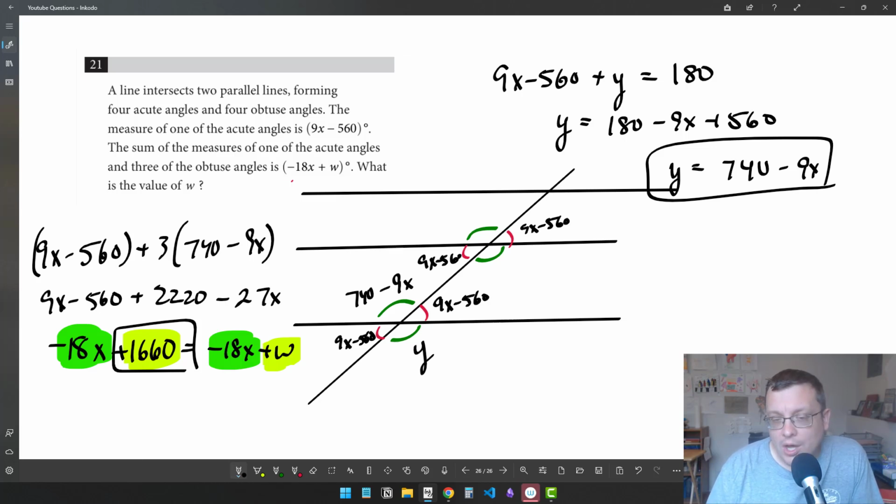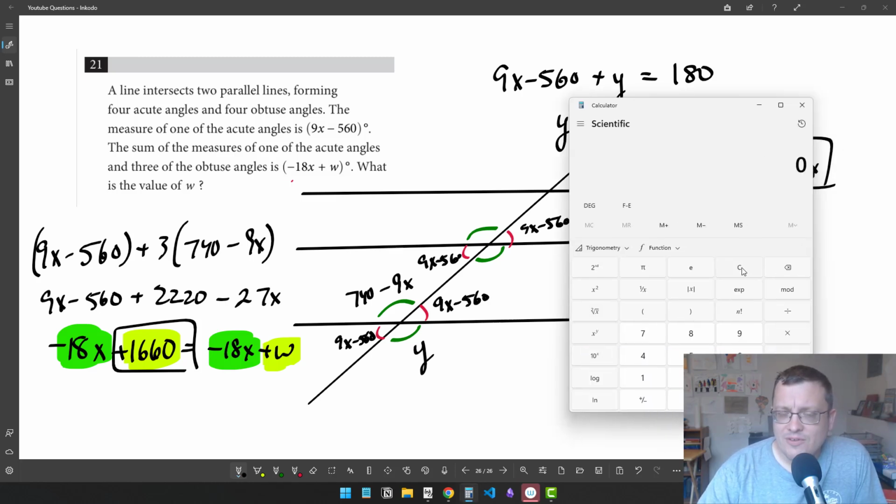I can't make x 1 because then I get a negative number, and I can't make x really big because then I'll get an angle that's obtuse. So I have to make a good choice. x is 100 is too big, that would be 900 minus 560. What if x is 70? 9 times 70 minus 560.